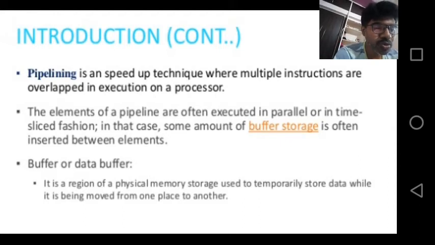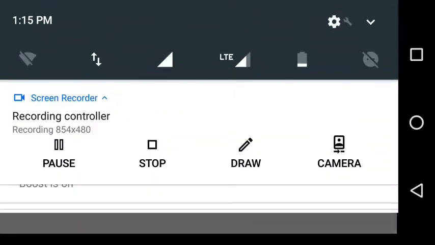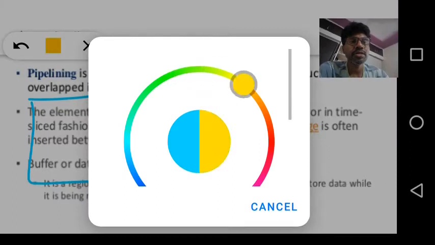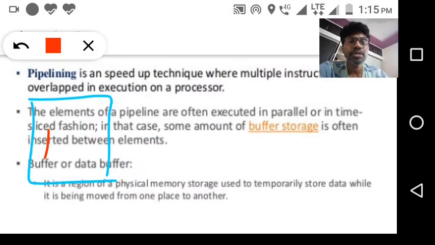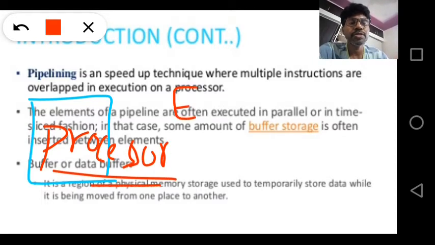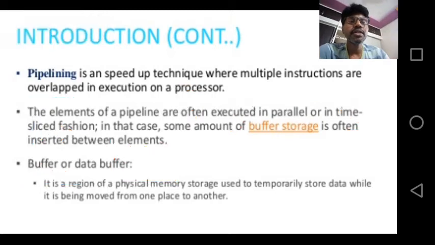So when I say it is a single processor, I have a single processor, which is a uniprocessor system, which performs fetch, decode, execute and store. So multiple instructions are overlapped in execution on a processor.